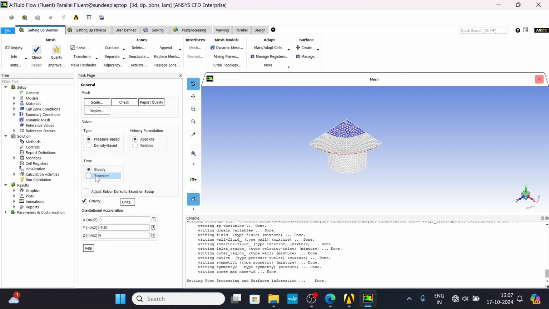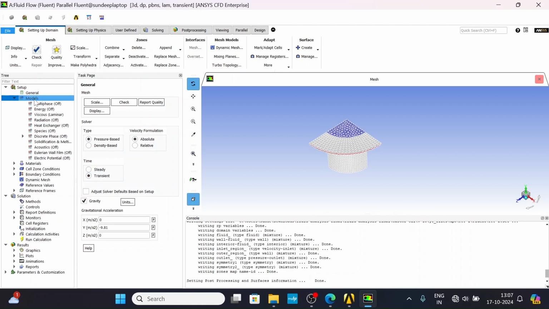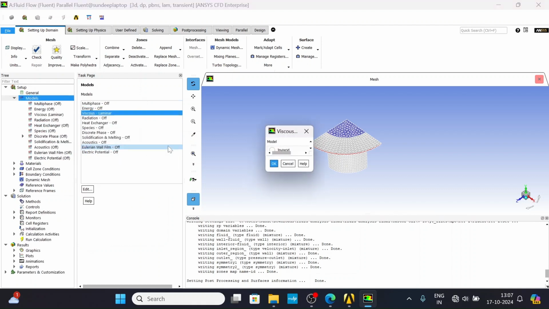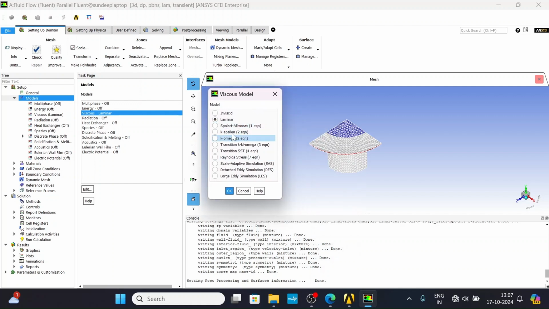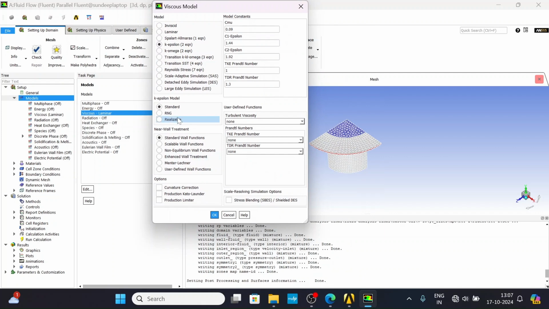Whether the time is steady state or transient, one can use steady state or transient state. Any method will be good enough to generate a result. Under model, changing from laminar to viscous model, the turbulence model.